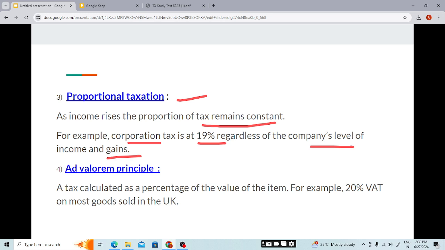In proportional taxation, the proportion will not be different.